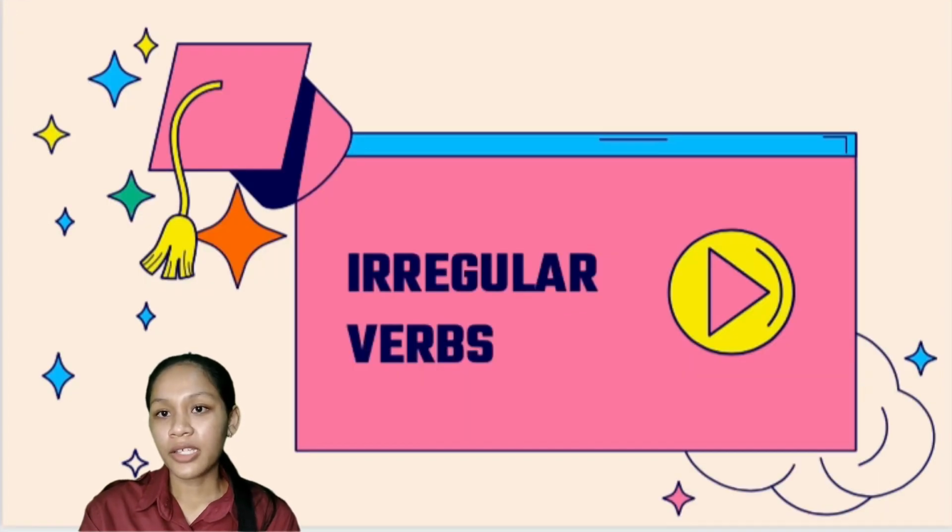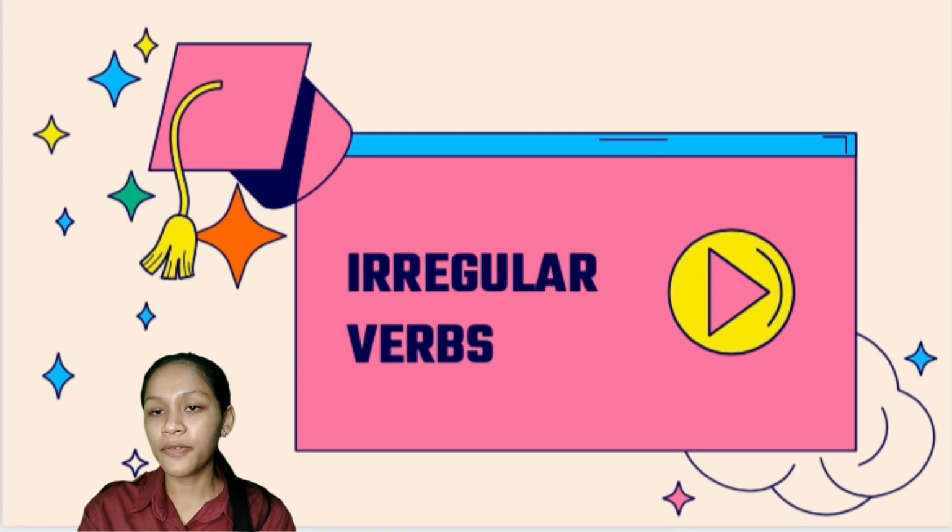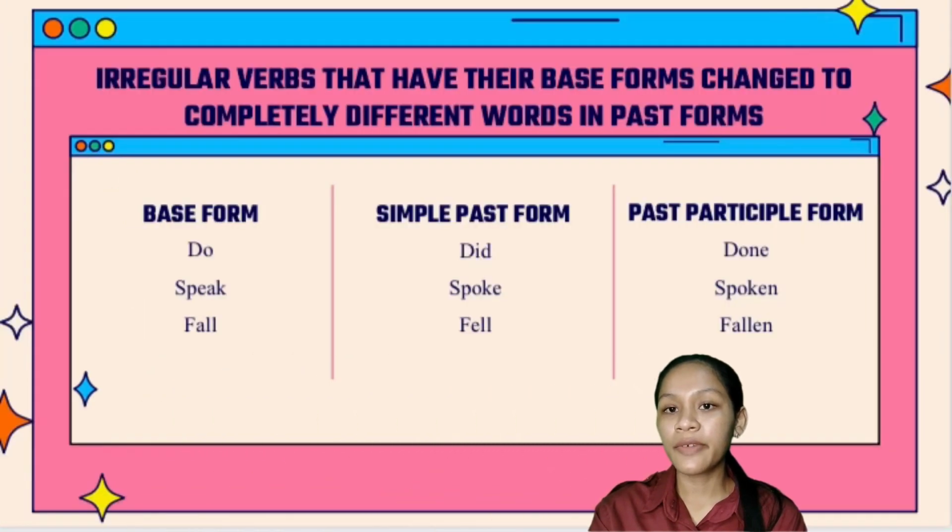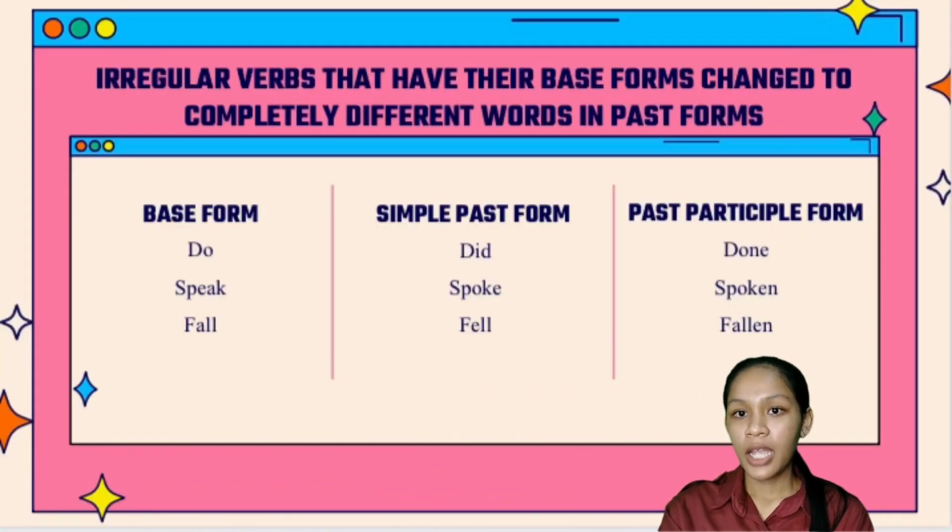Irregular verbs. As what I said before, irregular verbs have no specific rule or pattern. There are irregular verbs that have their base forms changed to completely different words in past forms. For example, the base form do becomes did in simple past form and becomes done in past participle form.